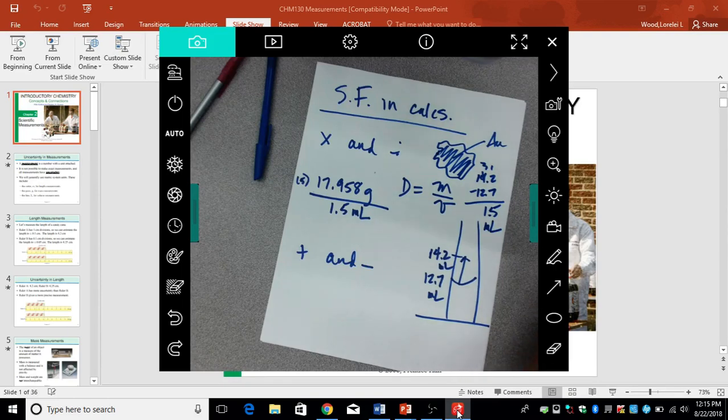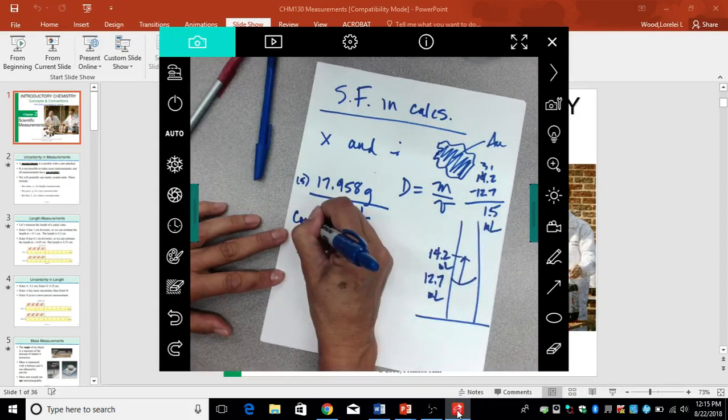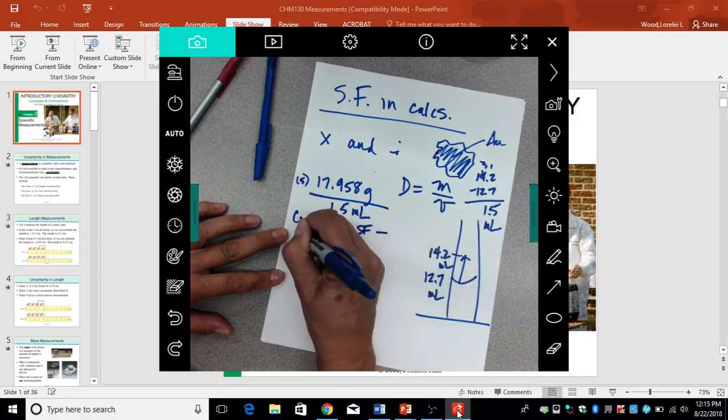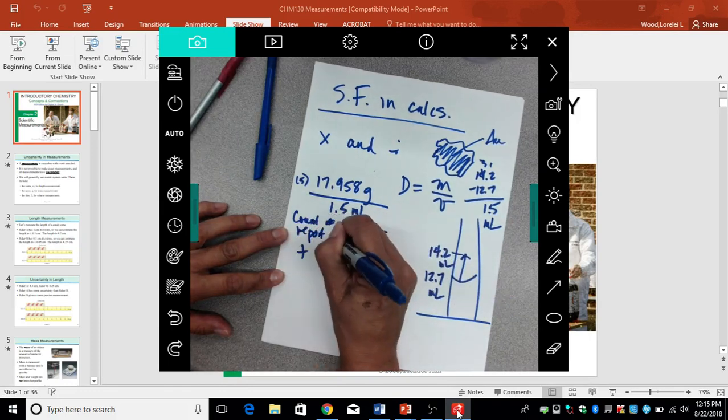So in multiply and divide, you count the number of digits that are significant and you report to the lowest value. Write this down. You count the number of digits that are significant and you report the fewest number. So count the number of sig figs and report the lowest.